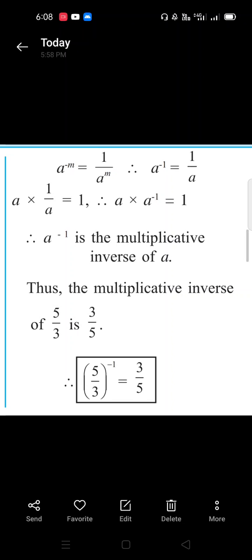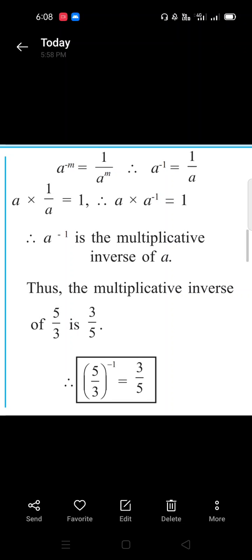We have studied in the second rule, when the power is negative, the whole thing comes down to the denominator with numerator equal to 1. That is, it is the reciprocal. In other words, it is also called the multiplicative inverse. According to this rule, a raised to minus 1 is equal to 1 upon a.